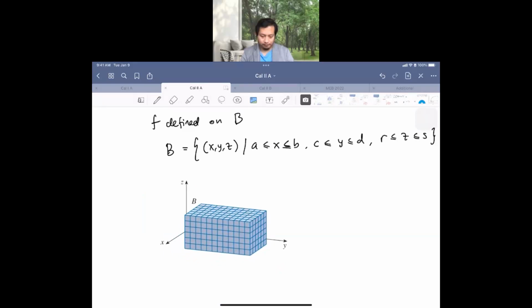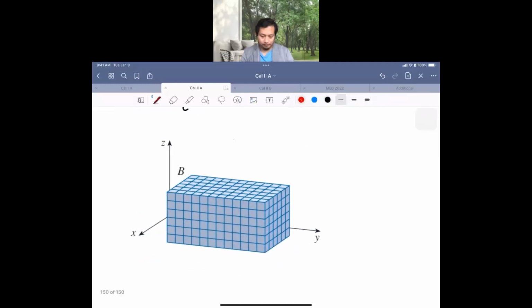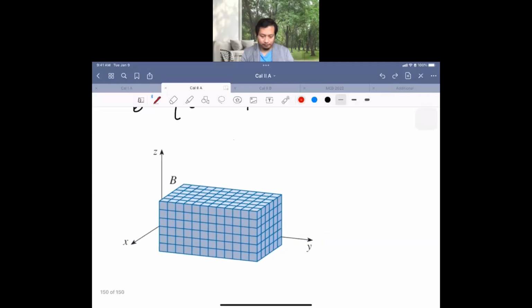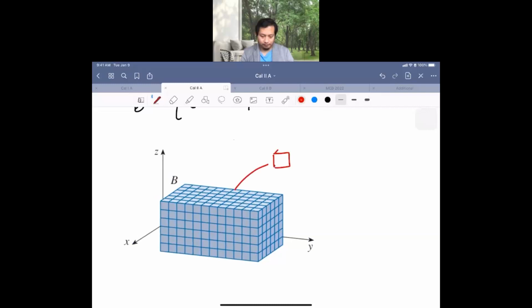Now the first step to approximate the volume is we are going to slice B into small boxes like this, right?